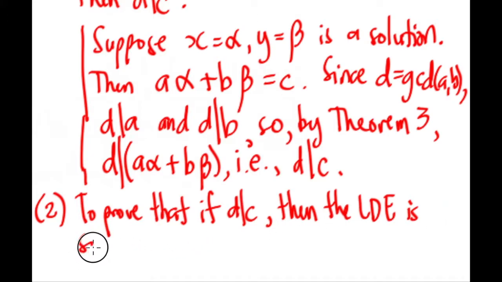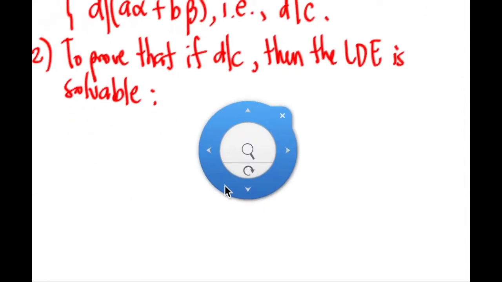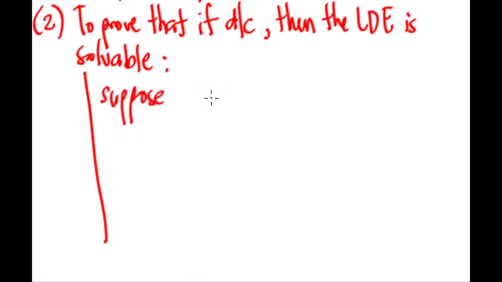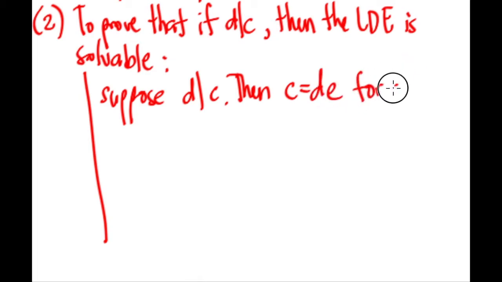So suppose D divides C, and that is what we want to suppose first. Then we know, since D is a factor of C, that C is equal to D times some E, for some integer E.